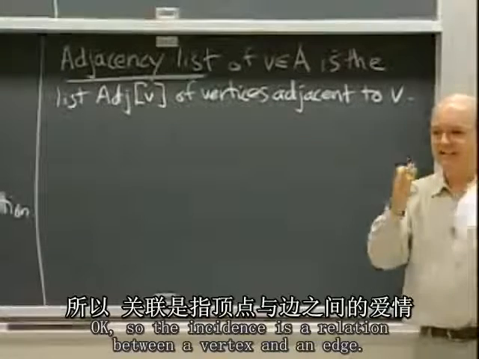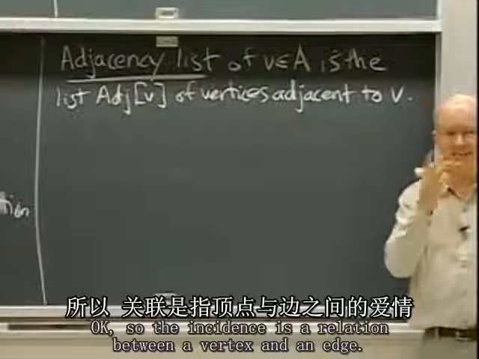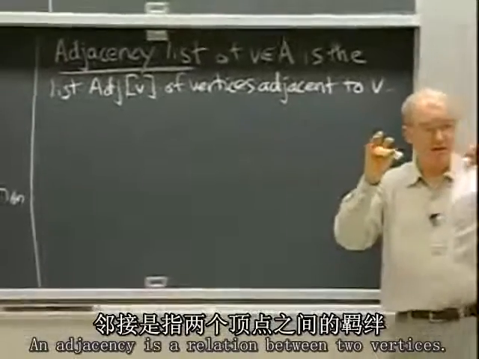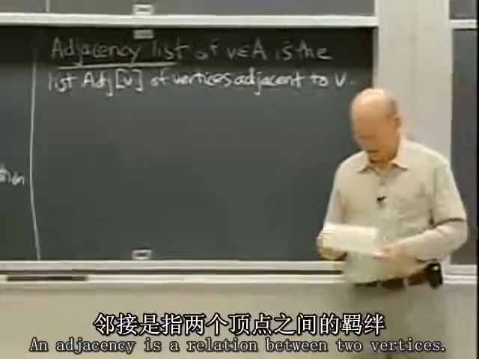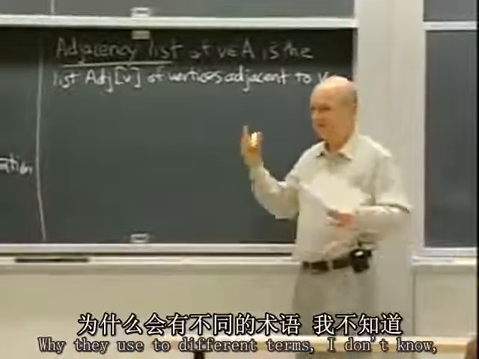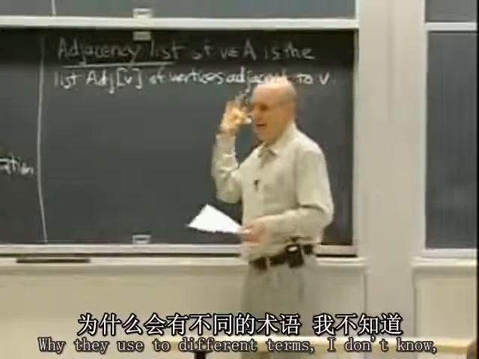Incidence is a relation between a vertex and an edge. Adjacency is a relation between two vertices. That's just the language. Why they use two different terms, I don't know, but that's what they do.